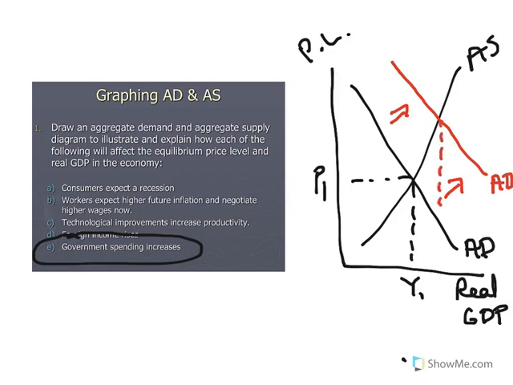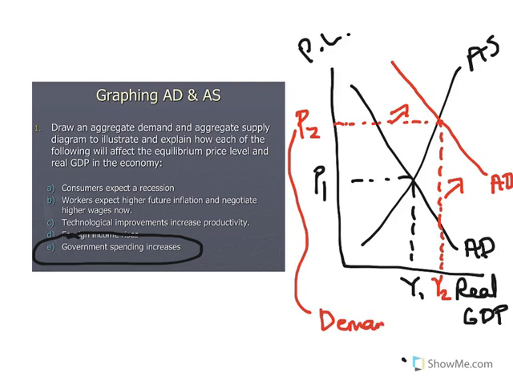So again, we see the same impact on real GDP as we just saw as foreign income rises. There should be an increase in real GDP, so we trigger the expansionary phase of the business cycle, and at the same time, that increase in demand for goods and services from the government will cause the price levels to rise. So again, we still see the demand pull inflation taking place.